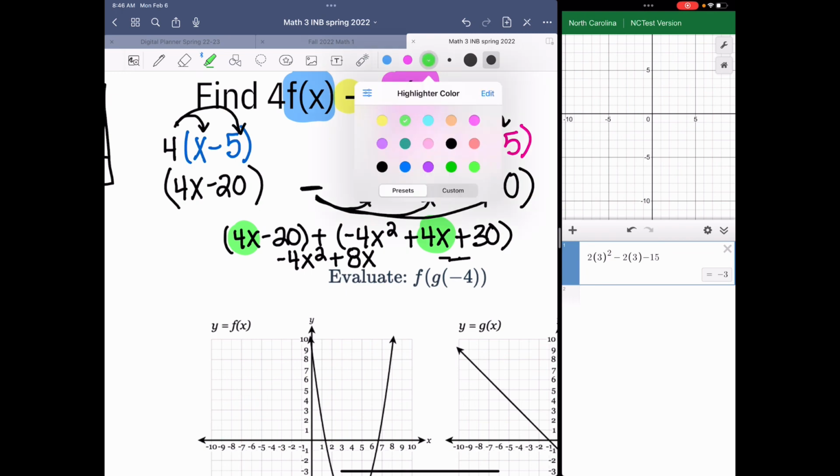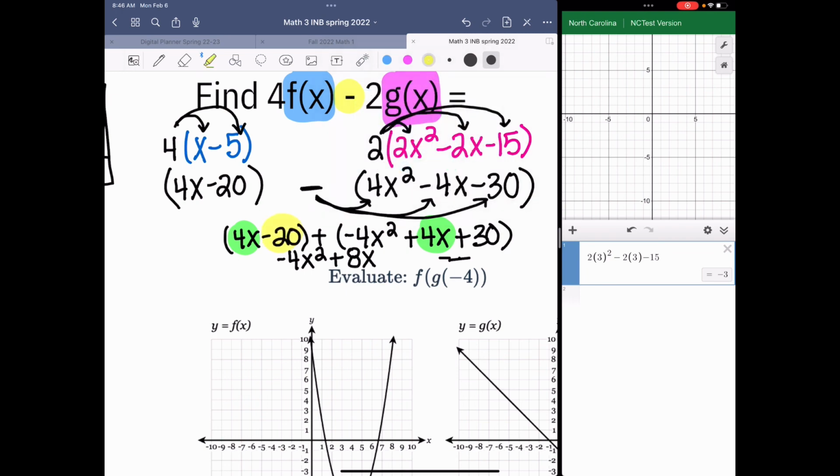And then I also have negative 20 and positive 30. So if I do negative 20 and positive 30, that's going to give me plus 10. Okay, so hopefully that helps you out with understanding that those are just multiplying and then subtracting.